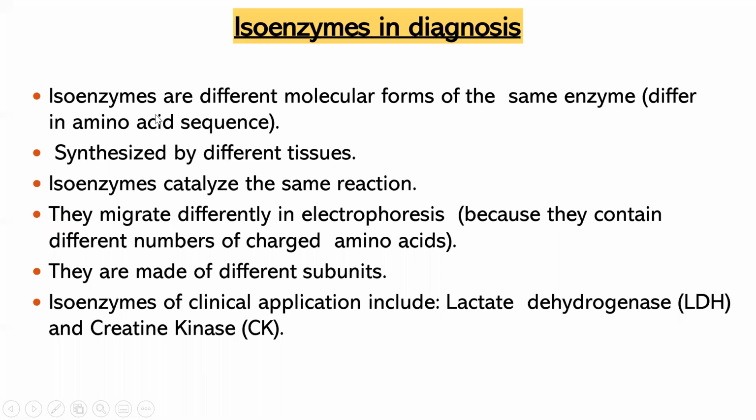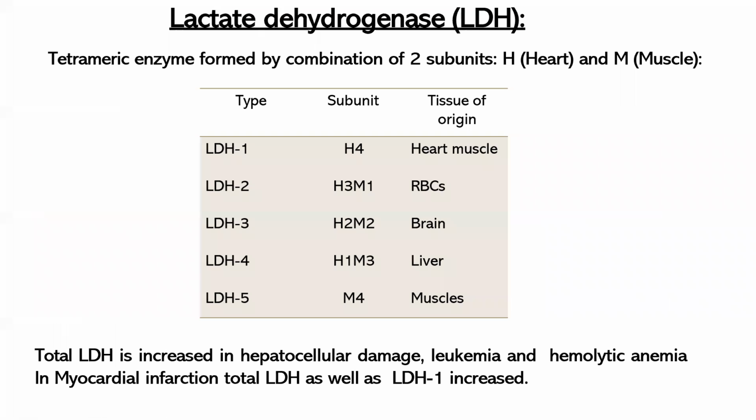There are isoenzymes: the same enzyme can have different forms, synthesized by different tissues, and they can catalyze the exact same reaction. There are applications even for those, like lactate dehydrogenase and creatine kinase, and different applications depending on what you are trying to find out.